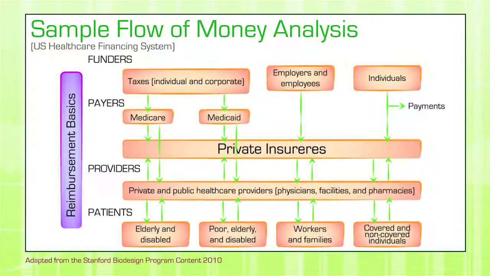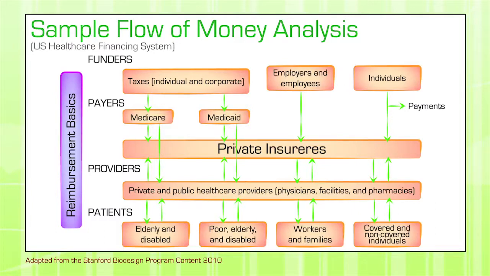If we move to a sample flow of money analysis that we described and explored earlier in this course, you can see that there are funders, payers, providers, and patients all interacting economically and for services. And reimbursement, at least in the US, is going to be tied to all these stakeholders, at least in the case of Medicare and Medicaid.